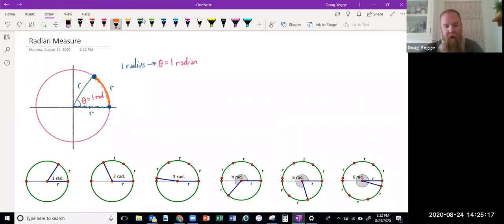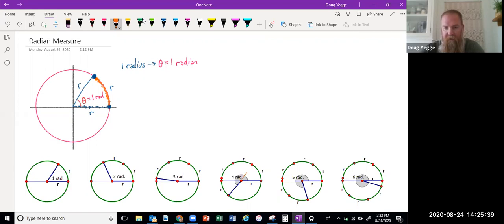Which implies as well that if I were to take 2 radiuses or 2 radii, that angle would represent 2 radians. And same with 3 radians and 4 radians and 5 radians. So each of these red dots indicate where the radian will stop being one and start being another.